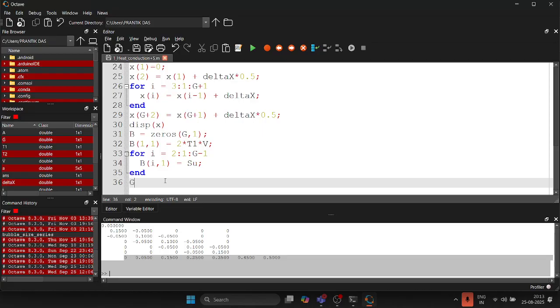And b of g comma 1, which is basically your last row, is 2 into P2 into v. Is it clear to all of you?